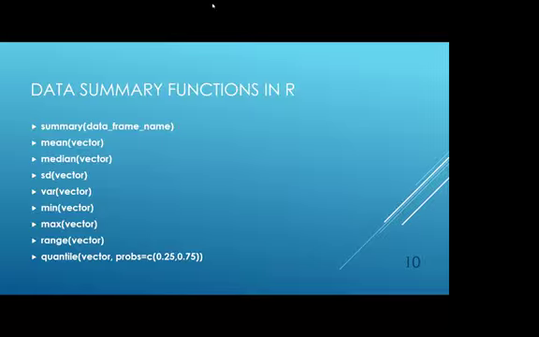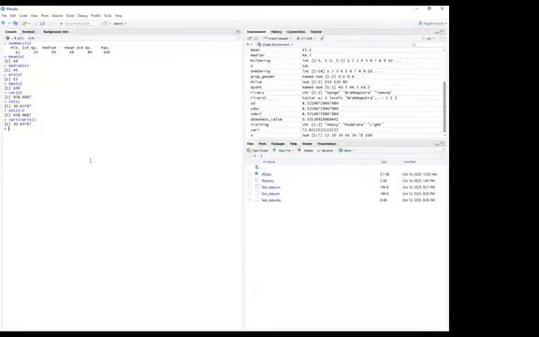So let us do it. Okay, so what are we going to find? We are going to find the quantile. Quantile of what? That vector is X. And we have to give the probabilities. Probs of what? 0.